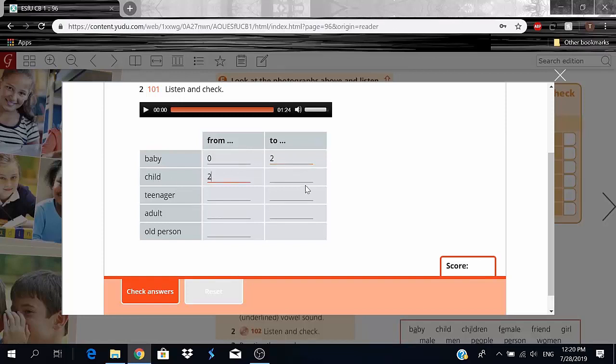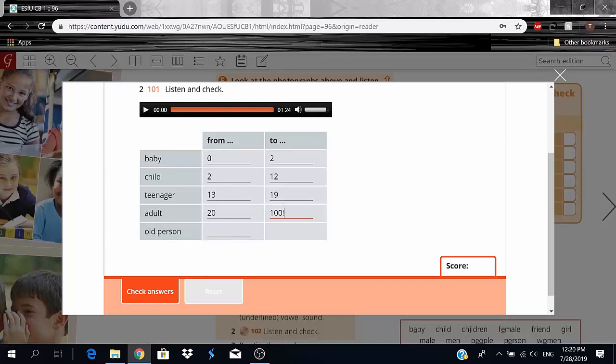A child is usually from 2 years old to around 12, okay? And then we have teenager, you guys know this one, 13 to 19, okay? And adult is someone from around 20 to, I think she said, 100. Most people don't live that long, by the way. It's sad, but it's the truth.